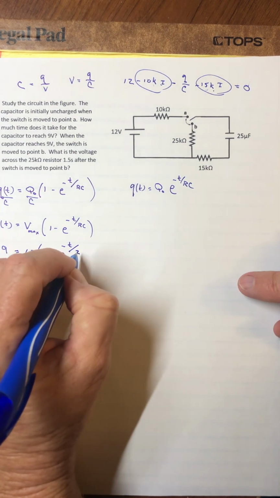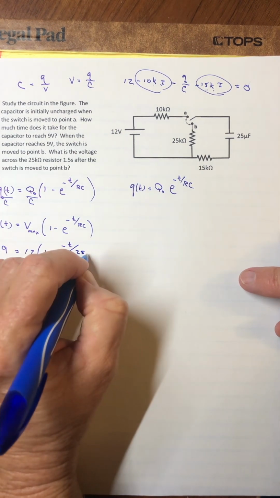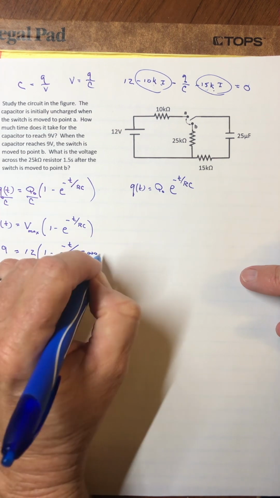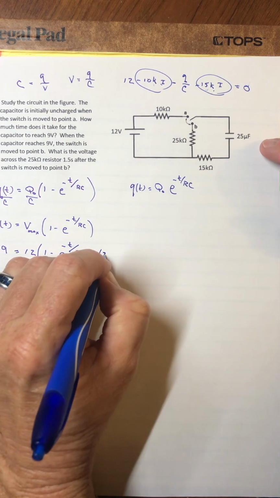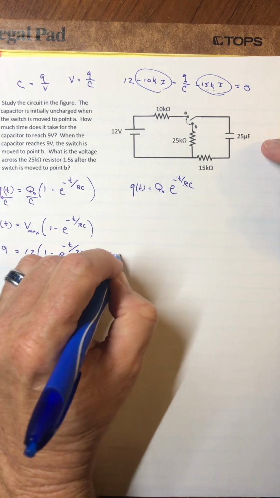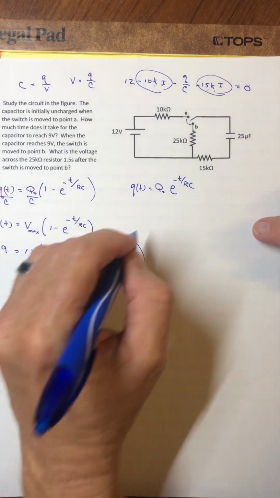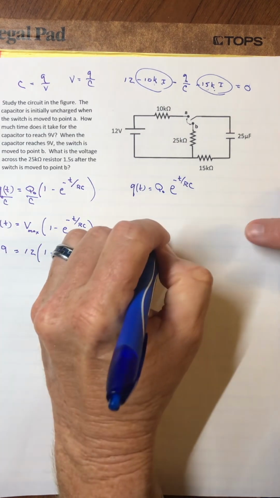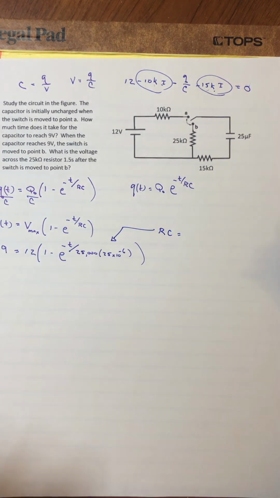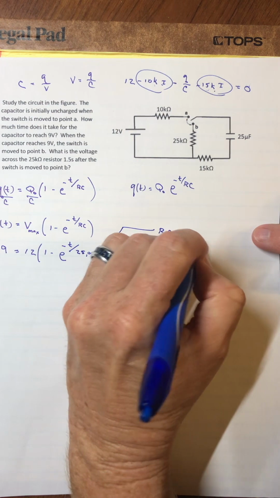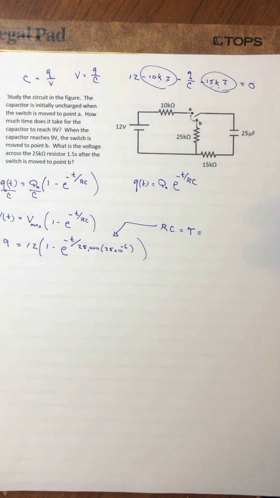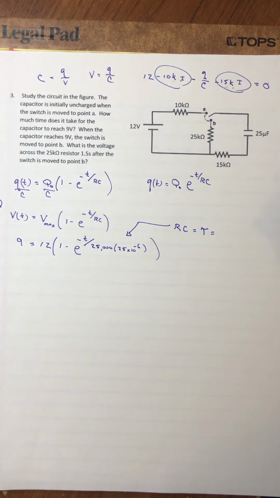And so this resistance is 25,000, and the capacitor is 25 millionths. And so that right there is what we called the time constant, the RC time constant.